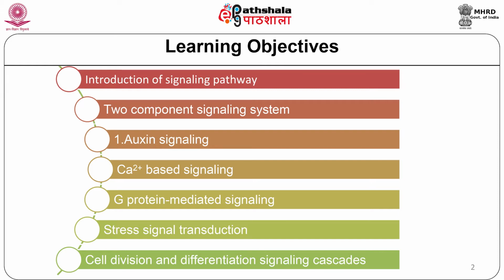Among the most common second messengers in plant signaling pathways are 3',5' cyclic AMP, 3',5' cyclic GMP, that is cGMP, nitric oxide, cyclic ADP ribose, 1,2 diacylglycerol, that is DAG, inositol 1,4,5 triphosphate, that is IP3, and calcium ion.